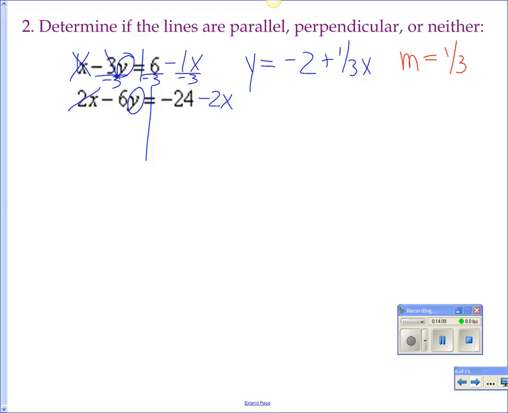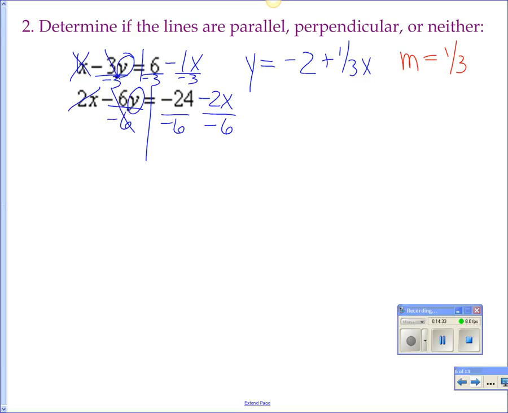And then, Joe, what am I going to divide everything by? 2. 6. Whatever's beside that y is what gets written underneath everything. All right.